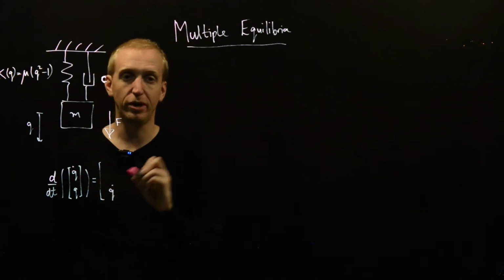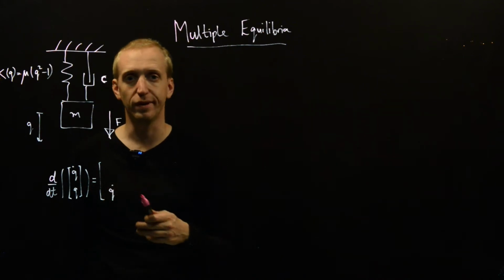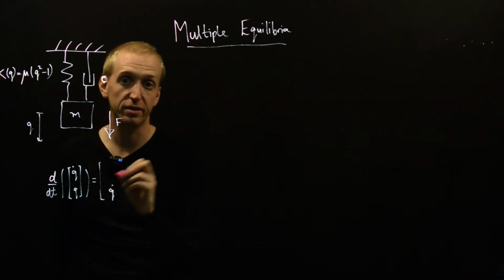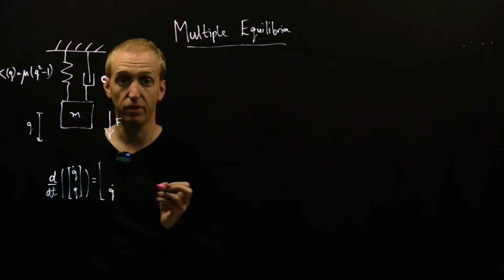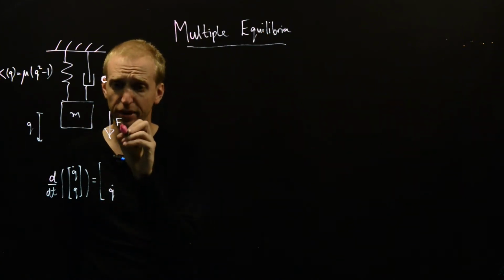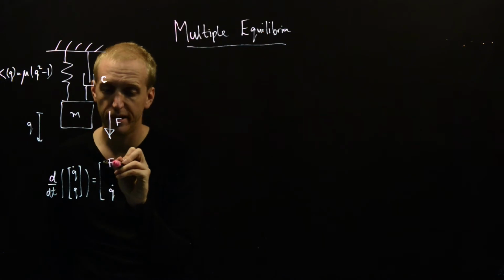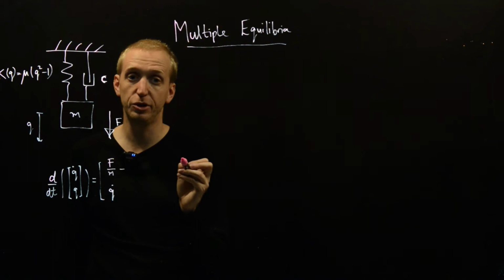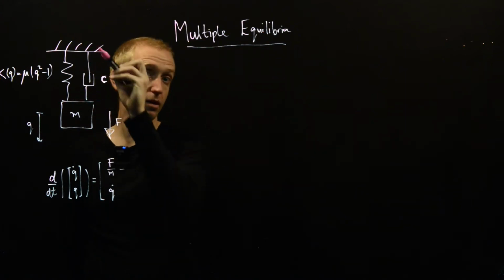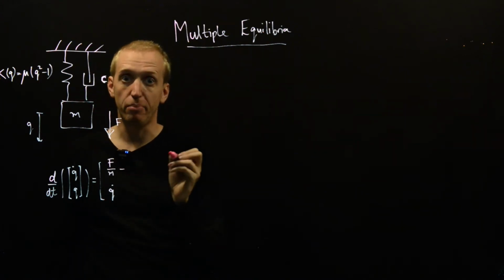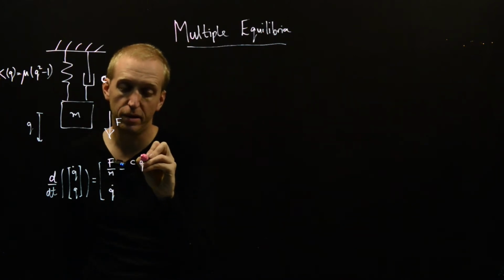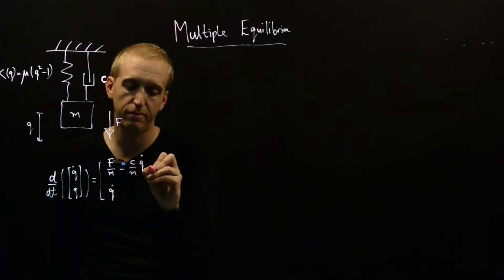And the top equation, this was our Newton's law less gravity, and so we just list out the forces applied to the mass here and divide them by m. So we have this external force F, and then we have 2 additional forces, one from the spring and one from the damper. The damper this time is linear, so this is given by c q dot, and again divided by m.